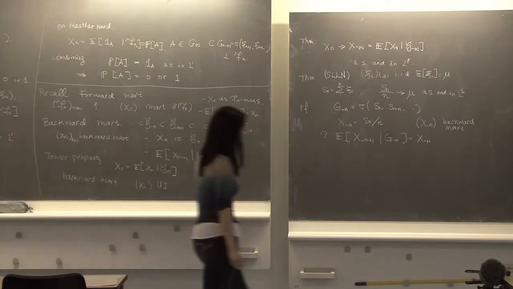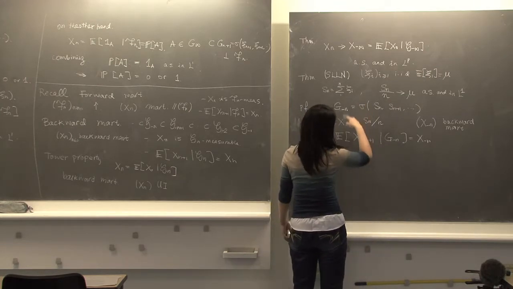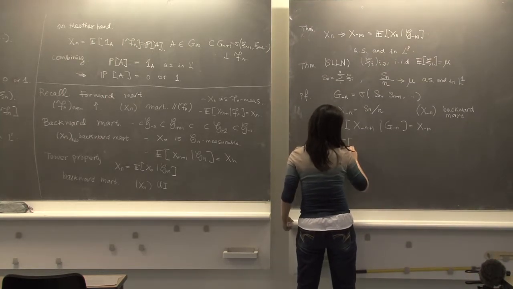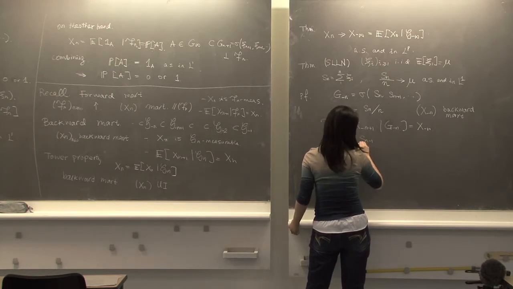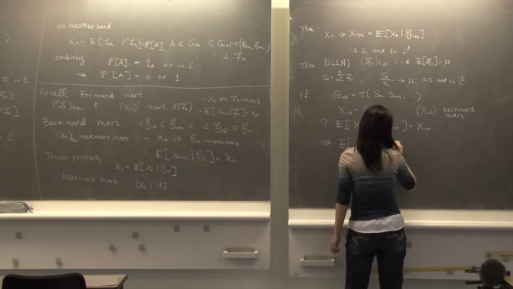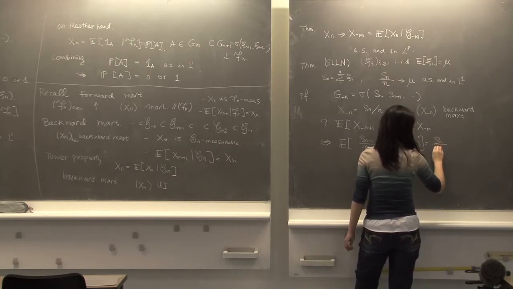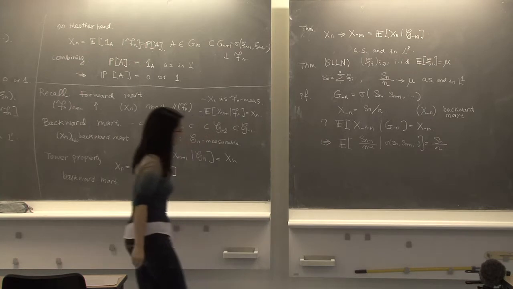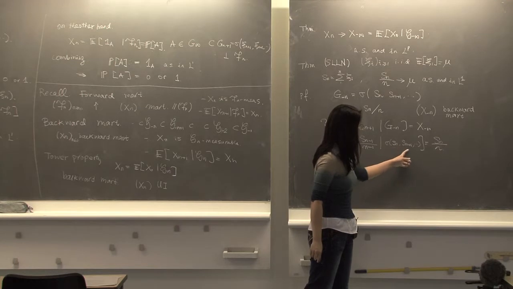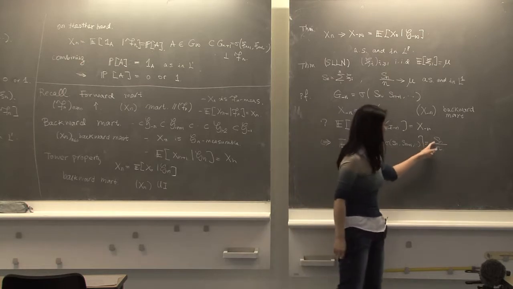After this is proved, we know that Xn is a backward martingale. Let us check the conditional expectation on the left-hand side. Changing the language, it is equivalent to calculating the conditional expectation of Sn minus 1 given what happens after n, and we need to show it equals Sn over n.